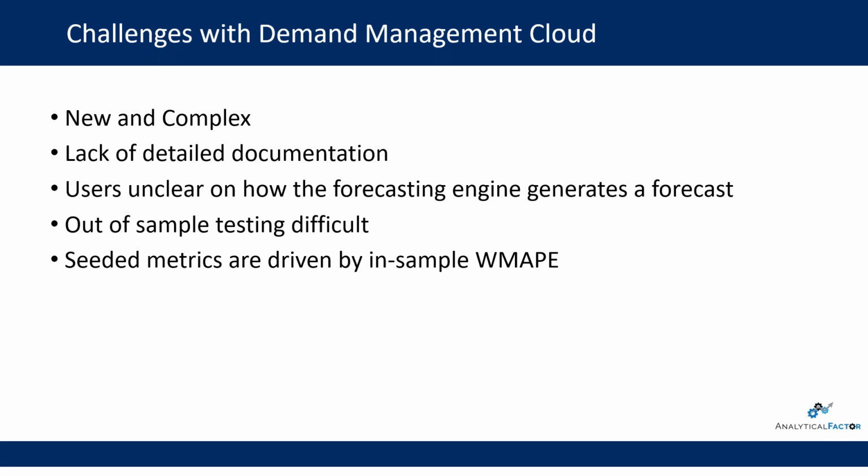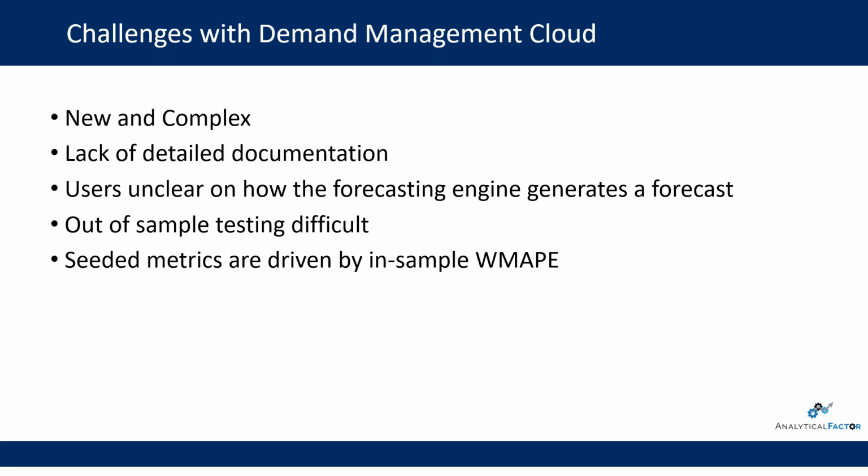This is further coupled with the fact that doing out-of-sample testing in the cloud is more challenging. When the engine spits out WMAPE values, they're in sample. I'll give you the 30-second explanation. In sample is essentially a metric is generated for accuracy based on data that the engine already knows about. So let's say you had data up to and including August 2019. The engine looks at all this data, and then when it generates the forecast, it'll give you a MAPE value.